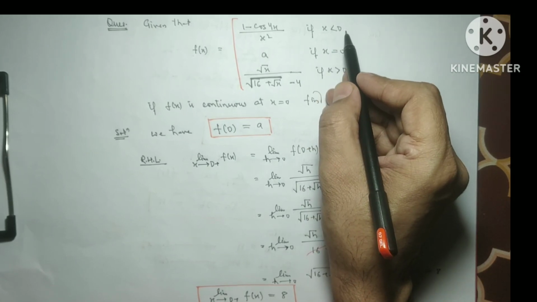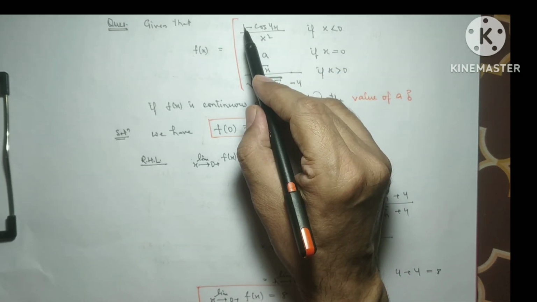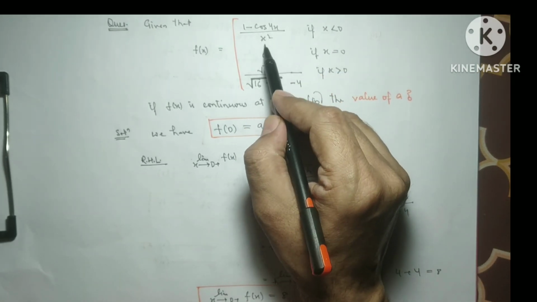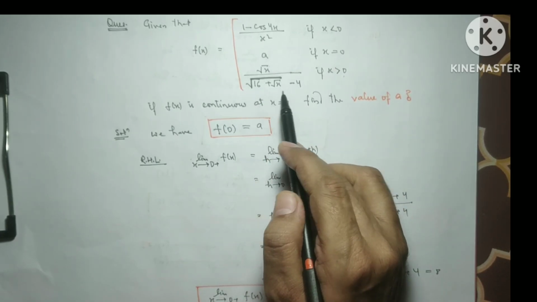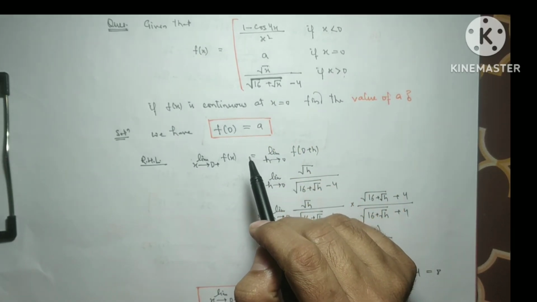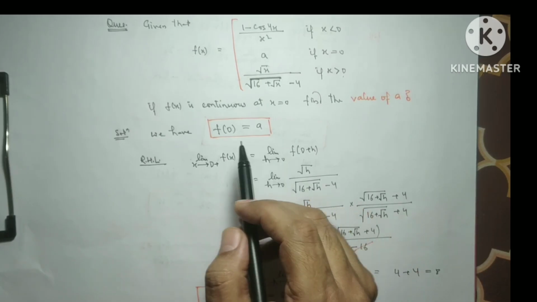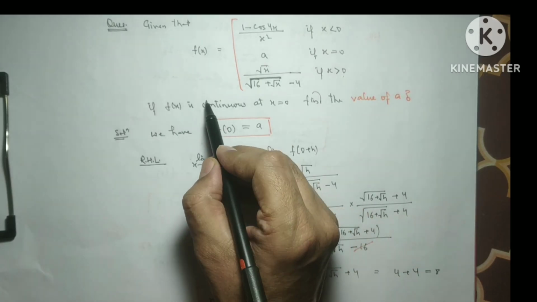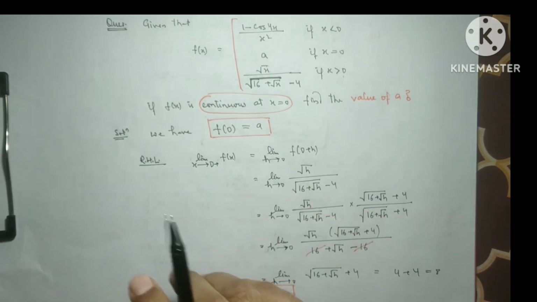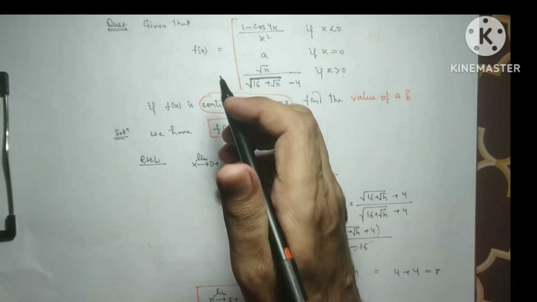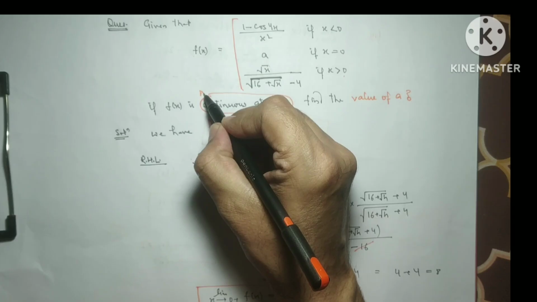When x is less than 0, it gives the expression (1 minus cos 4x) over x square. When x is greater than 0, it is this irrational expression, and it is given that this function is continuous at x equals 0. So this is the main catch in this question.